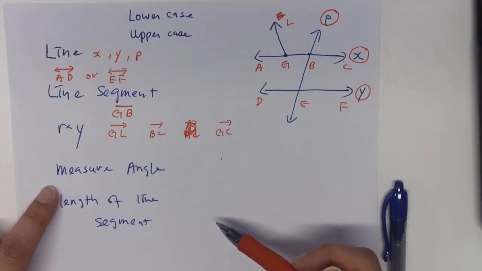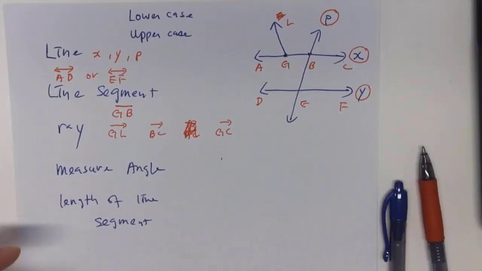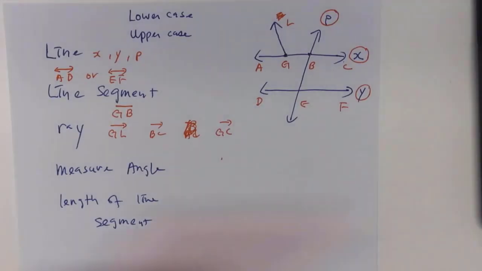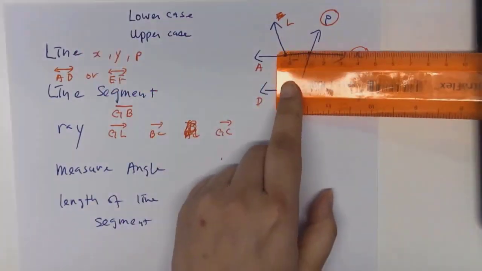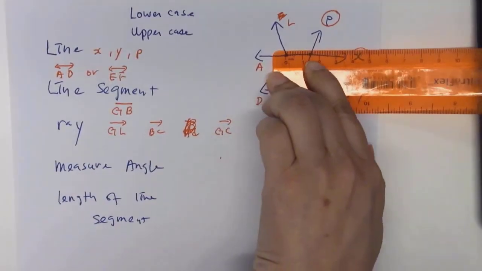Okay, how do you measure a length? I know you just draw it on your own, so it's not going to be the same as mine. But when you measure it between two endpoints, make sure you start from what? From zero, at one endpoint, and then to another endpoint, okay?